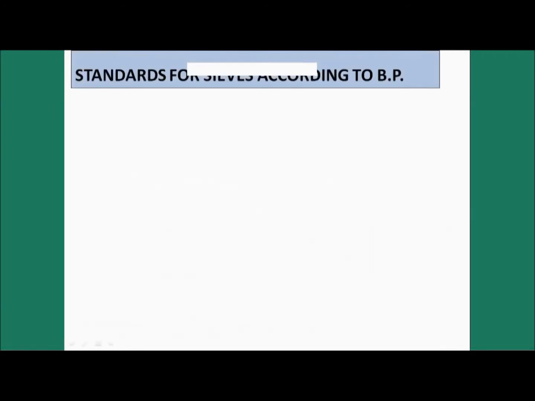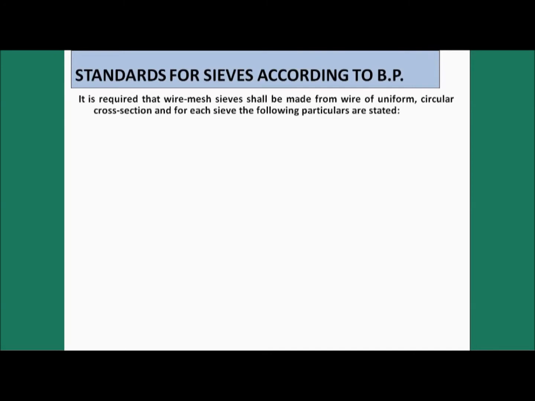Clear? So now, standards for sieves according to the British Pharmacopoeia. It is required that wire mesh sieves shall be made of wire of uniform circular cross section, and for each sieve the following particulars are stated. Now there are some terms which we are going to discuss. Number of sieve.